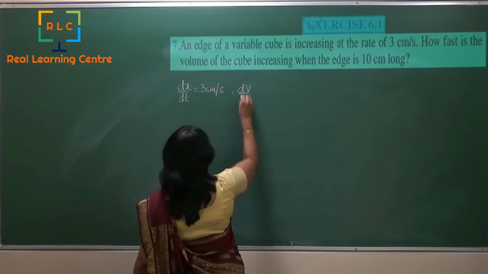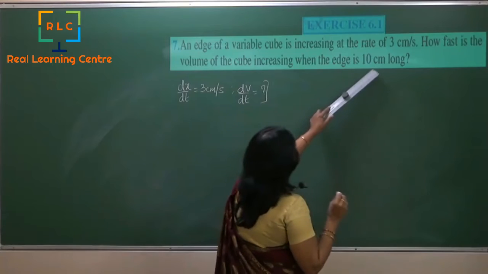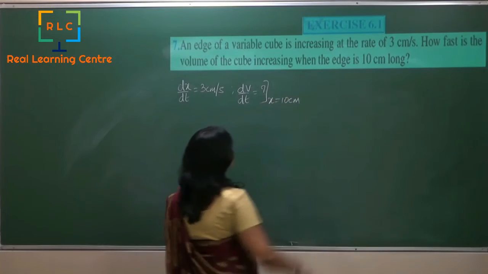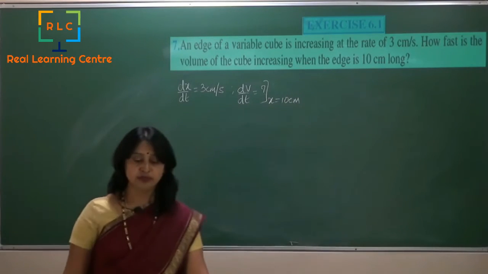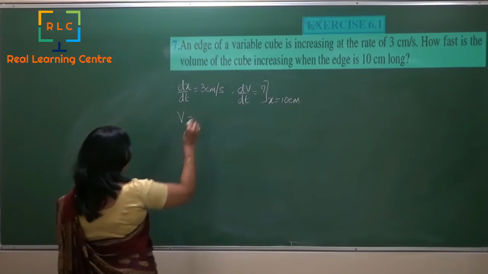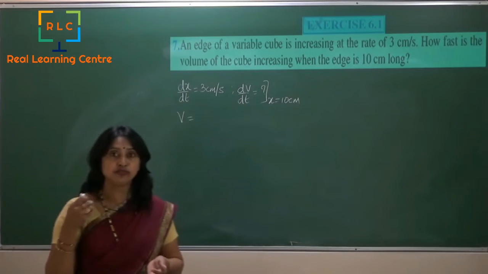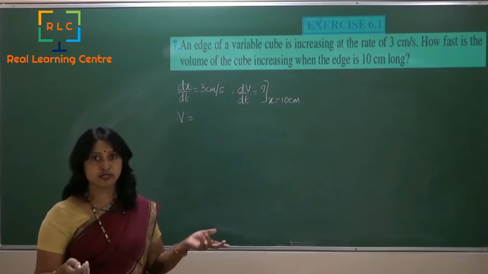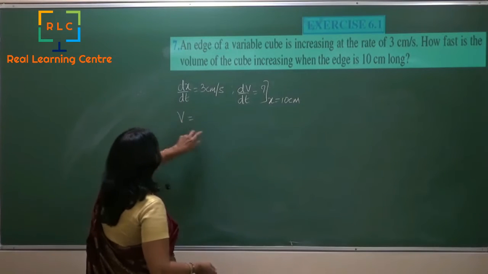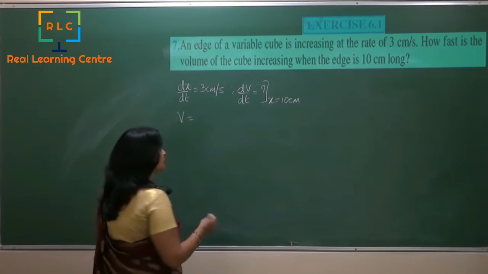So dV by dt equal to question mark when the edge is 10 centimeter, that is when x is equal to 10 centimeter. I have to find out the volume rate. The formula for the volume of a cube depends only on the edge, the length of the edge, that is x.